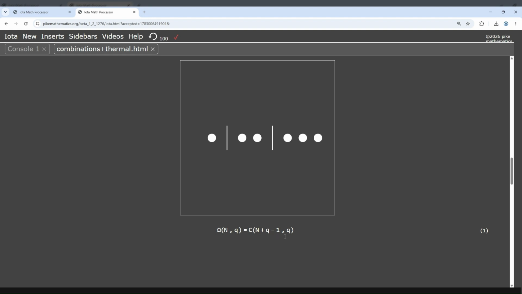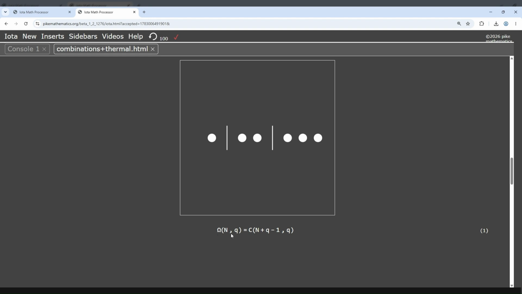And then you're asking, how many different ways can you arrange those q energy units into these spaces? This is often written out like this with this large omega, and this is called the multiplicity of n and q right here. And n and q represent what they call a macrostate. A macrostate where you have three oscillators and six energy units. And this is one of the microstates, one of the examples of how you could organize those energy units.